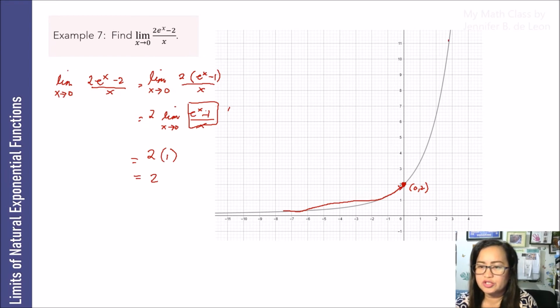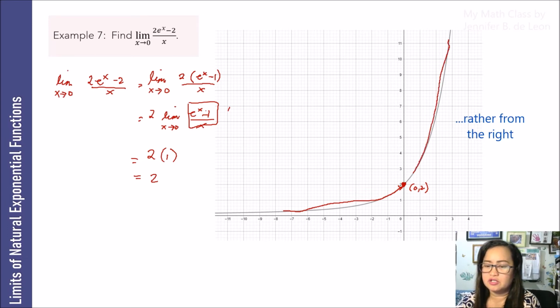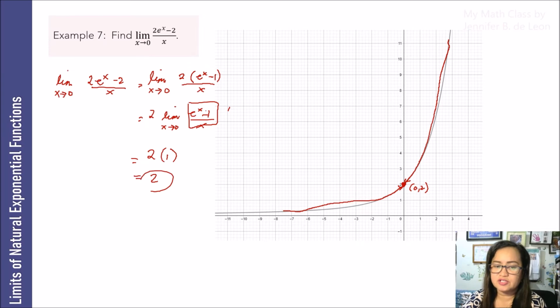Now let's choose another arrow from the left. Notice that it is also approaching 2. So that confirms our answer that the limit of 2e raised to x minus 2 all over x as x approaches 0 is 2.